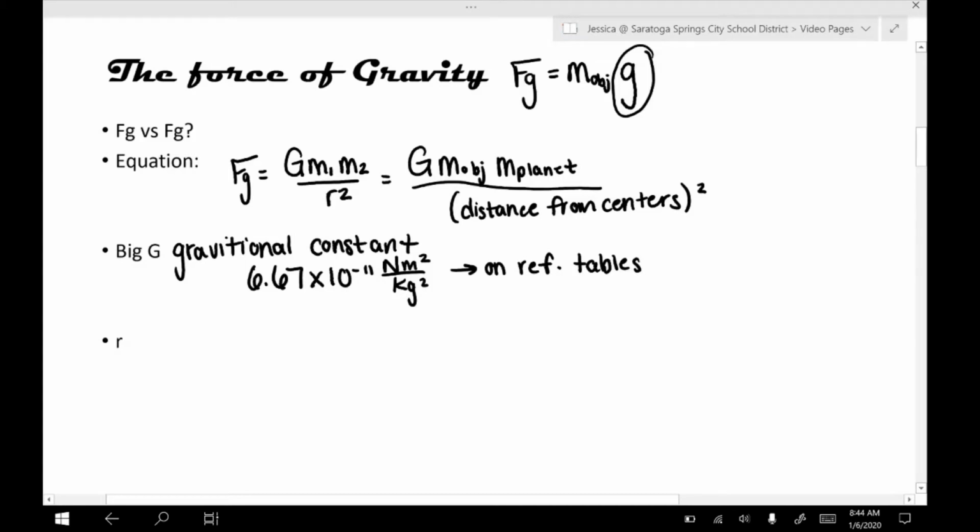Like I said before, r is not radius. We might use the radius, but r is really the distance from the centers.